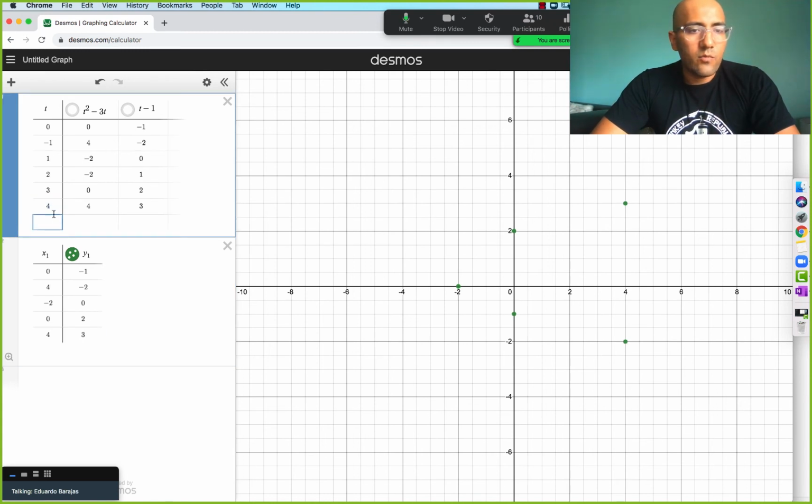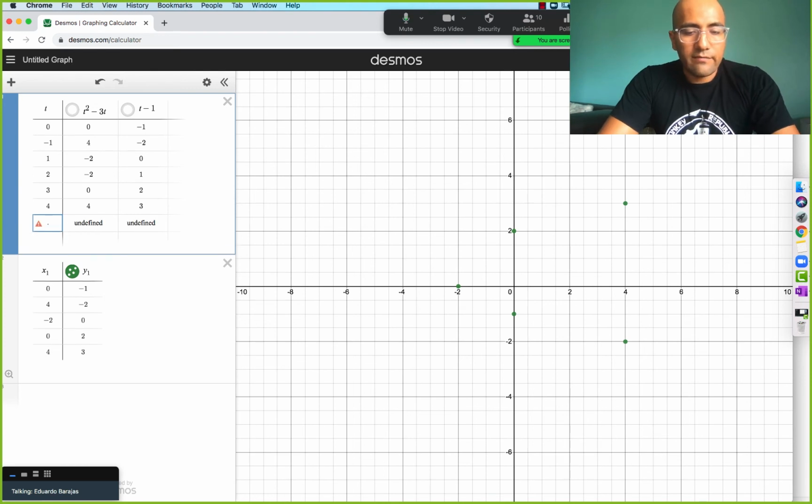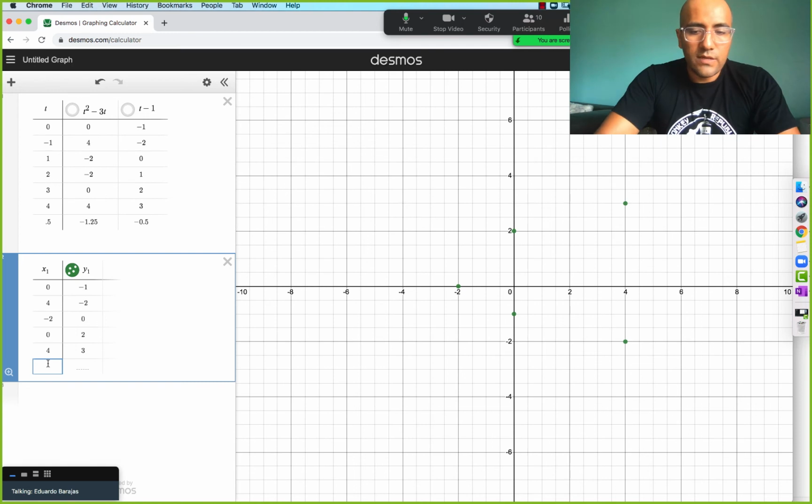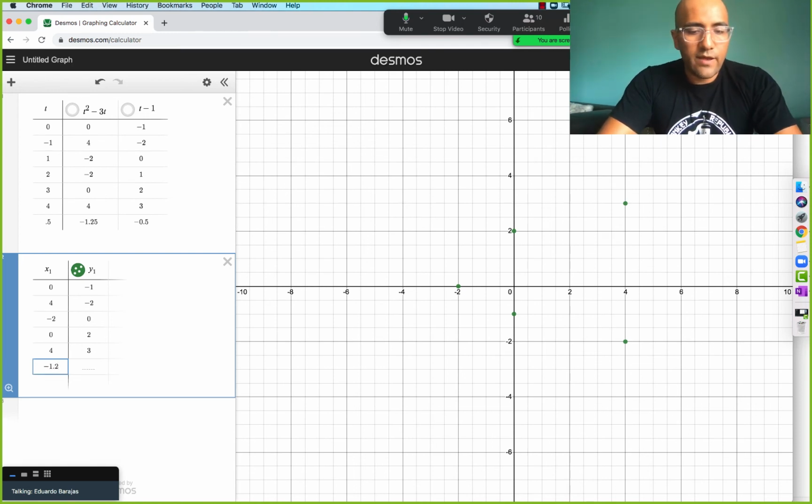Let's try a couple more. How about some decimal values? How about 0.5? 0.5 will lead to negative 1.25 for my x-coordinate and negative 0.5 for my y-coordinate. So that leads me to another point there.